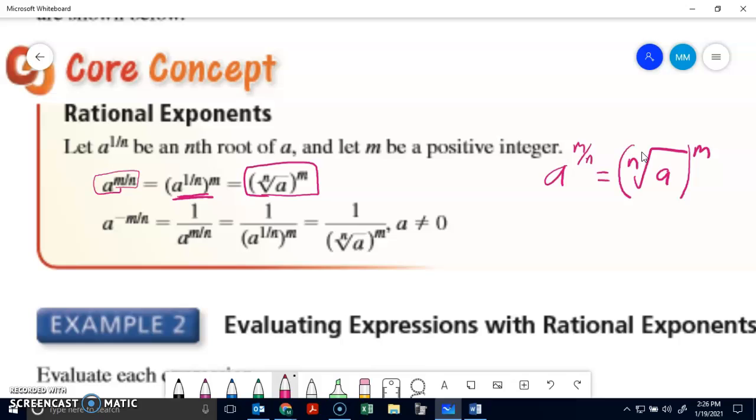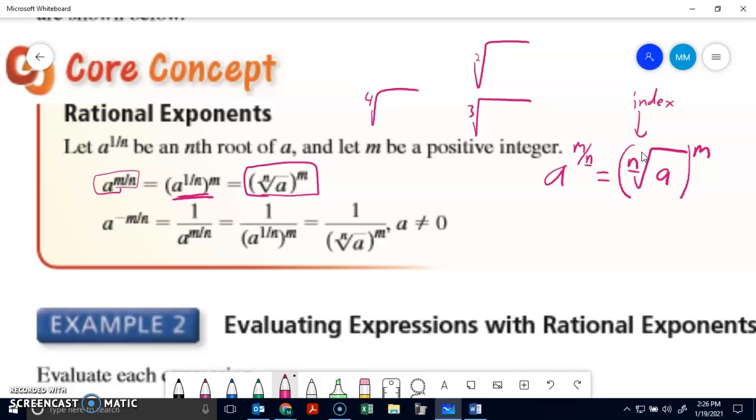What that means basically is the denominator of the exponent is what we call the index number. This is called the index of the radical. A square root has an index of 2. We don't write the 2, but there's an unseen 2 there. A cube root has an index of 3. A fourth root has an index of 4.